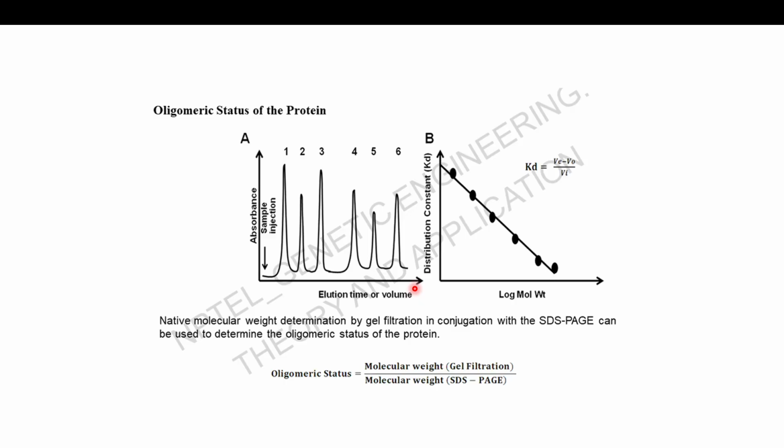If you are interested in purifying the protein, in that scenario you can eventually have multiple peaks if the protein is showing a tendency to oligomerize. So for native molecular weight determination by gel filtration, one can also guess the molecular weight depending on the elution volume at which the molecule is eluting out.